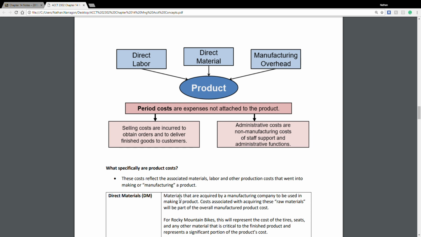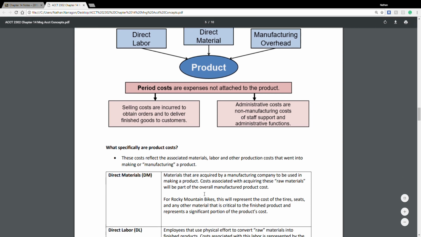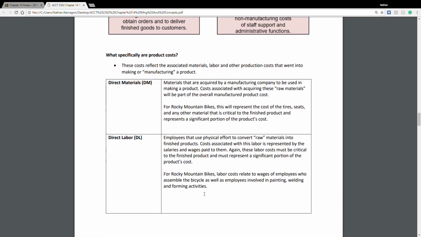Again, selling costs occur to deliver the finished good to customers, along with any other non-manufacturing or administrative costs to support the administration. So as long as you get these two to what they are, you're going to be good. But it does take a while.